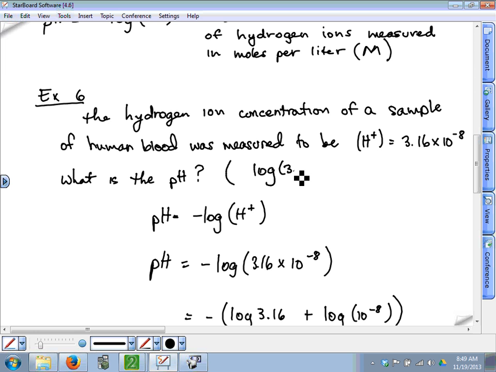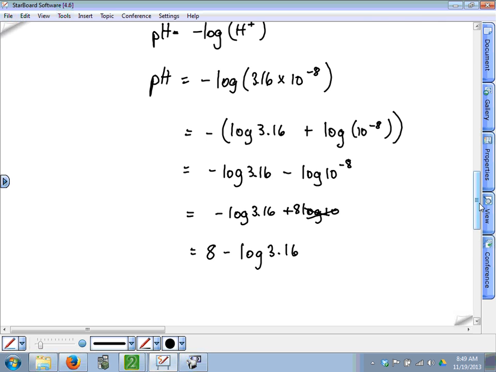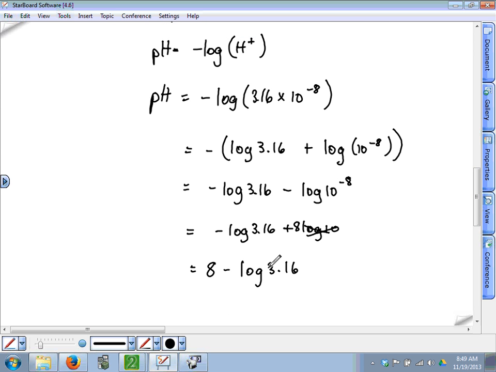Log of 3.16 is approximately equal to 0.499. So this would have been information given to you in the problem. So now you can actually finish this and get a more accurate pH reading, because right now this is where we would have to stop because we wouldn't be able to go any further.